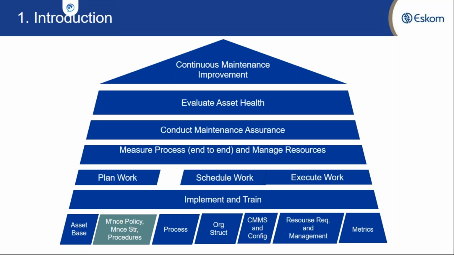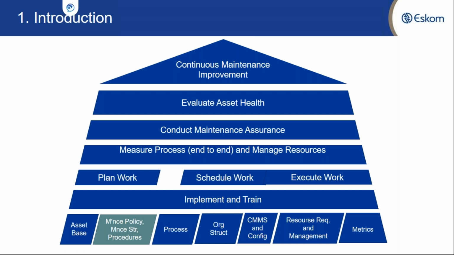Let me just touch on some of these blocks without going through them in detail. Above the base block, once we have all of the elements at the bottom, such as the processes, resources, and matrices, we start with the implementation and training the staff. Once we have trained them, we can start with maintenance planning, scheduling the work, and execution.